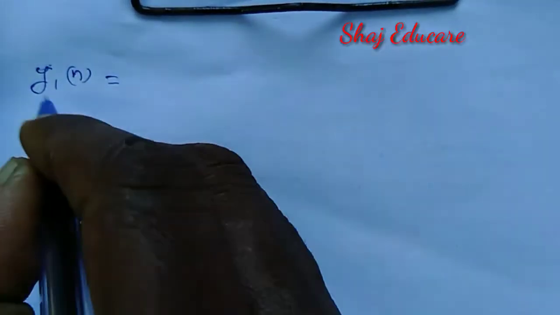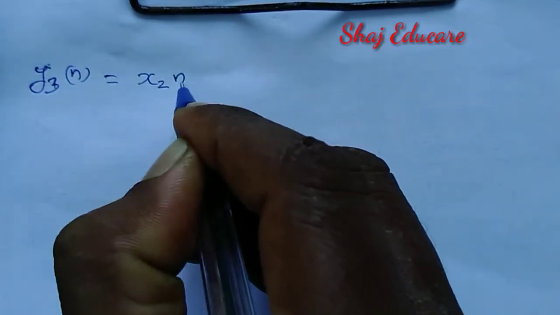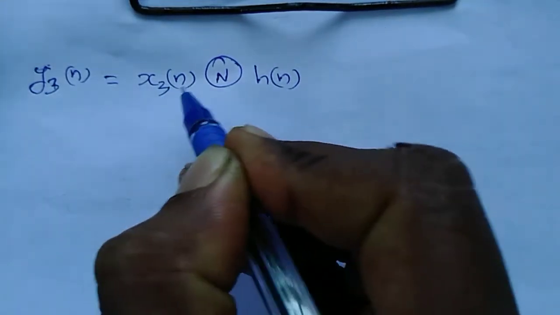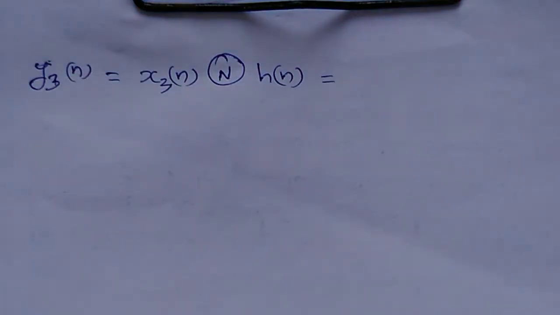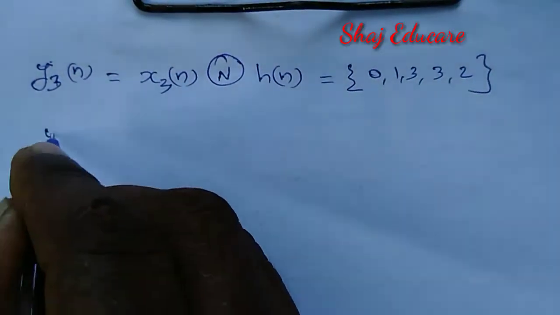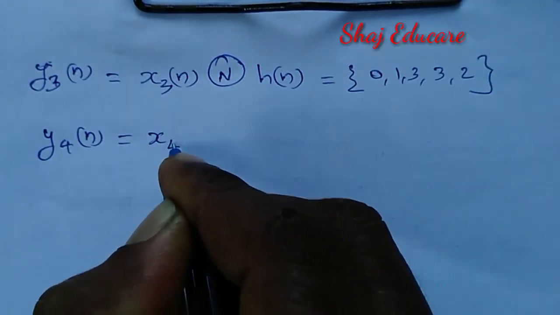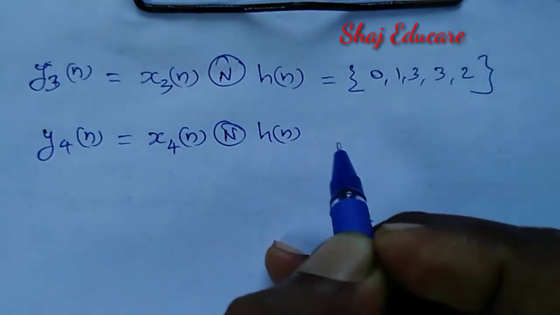Similarly, find y3 of n by convoluting x3 of n with h of n, and the result will be shown here. And finally, obtain y4 of n by convoluting x4 of n and h of n.